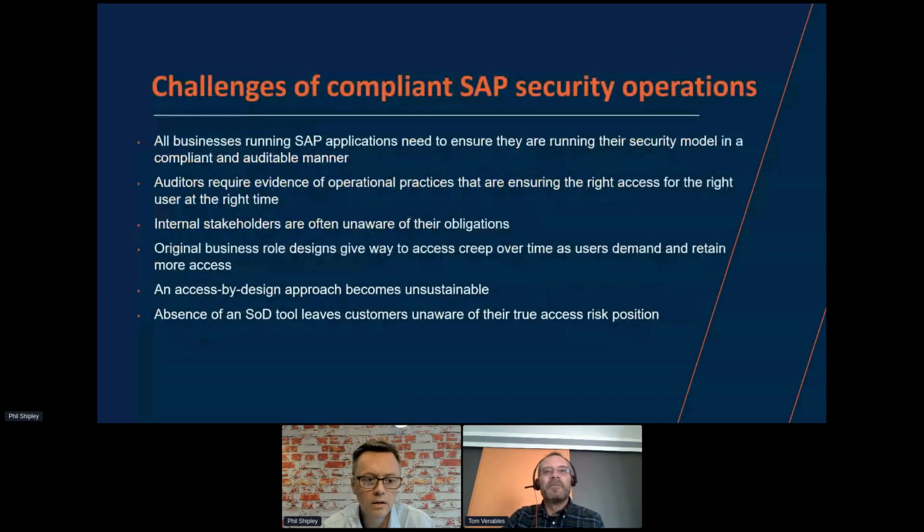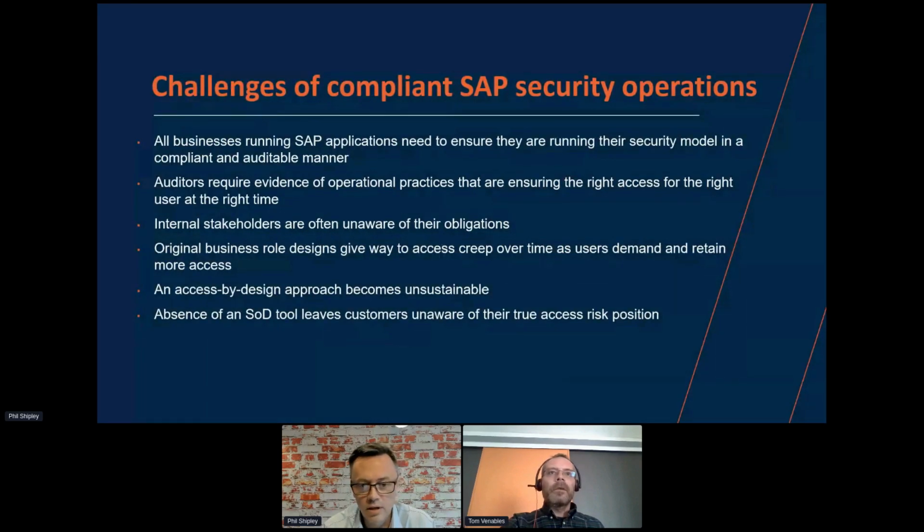Okay. So common challenges around SAP security operations. I guess my business is very much focused on the small medium enterprise. All businesses running SAP need to run their security model in a compliant and auditable manner, but yet many struggle to achieve that.